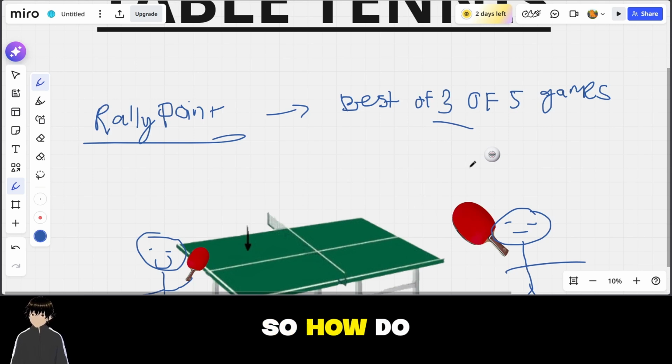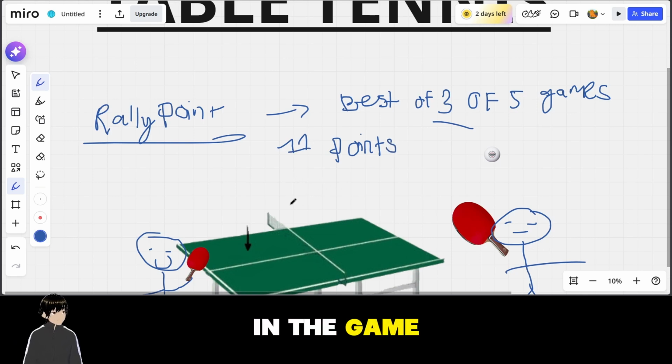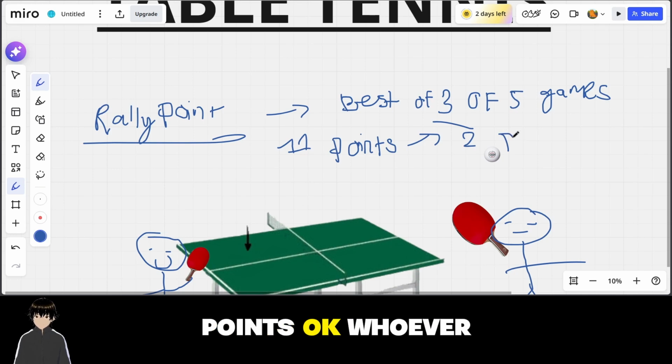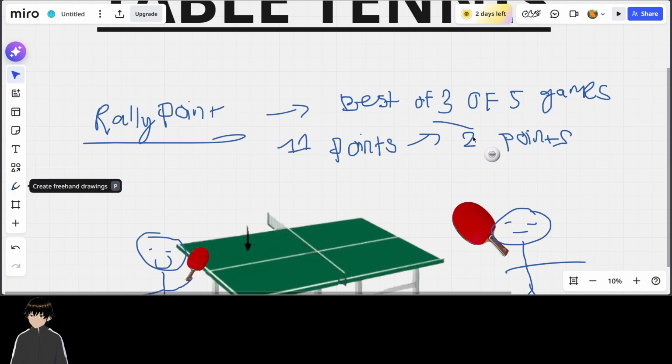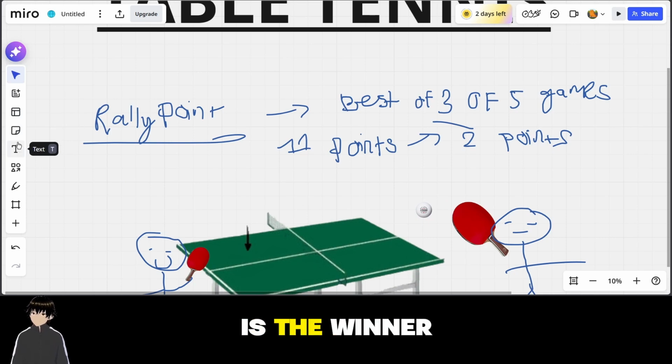So how do you win one game? Basically, you just have to reach 11 points. And if you are tied in the game, whoever leads the game by 2 points is going to be the winner.